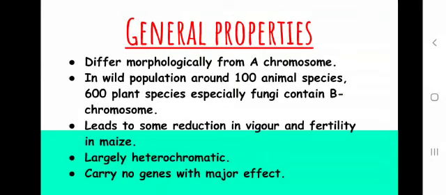Now, general properties of these B chromosomes. They differ morphologically from A chromosomes. In wild populations, around 100 animal species and 600 plant species, especially fungi, contain B chromosomes. They lead to some reduction in vigor and fertility in maize. They are largely heterochromatic and carry no genes with major effects.